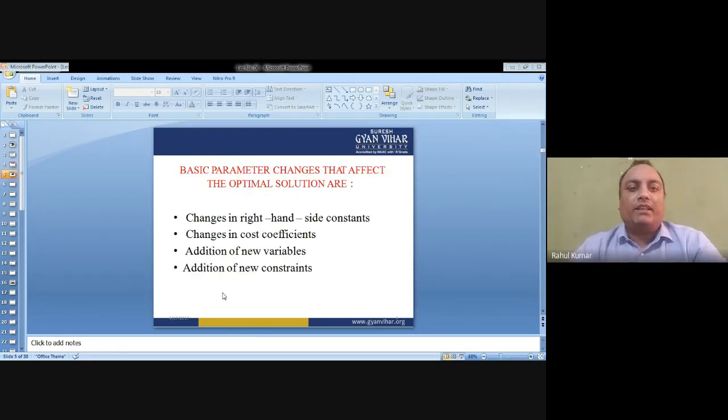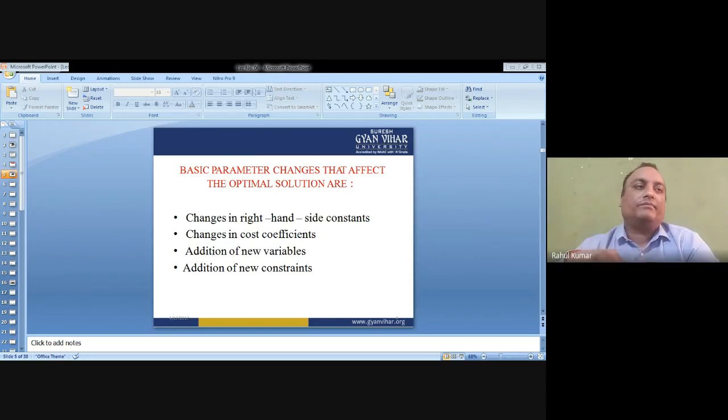And the basic parameters in this slide give the basic parameter changes that affect the optimal solution. Here, four types of changes are given. First is changes in the right hand side, changes in cost coefficient, changes in addition of new variables, and addition of a new constraint.